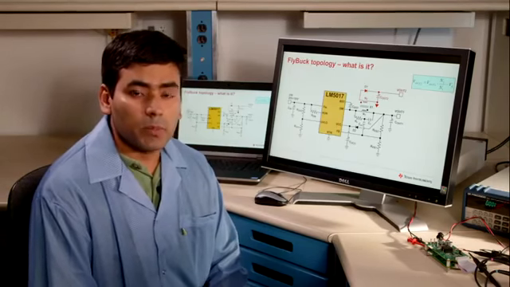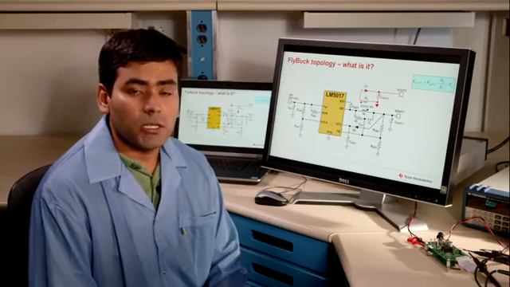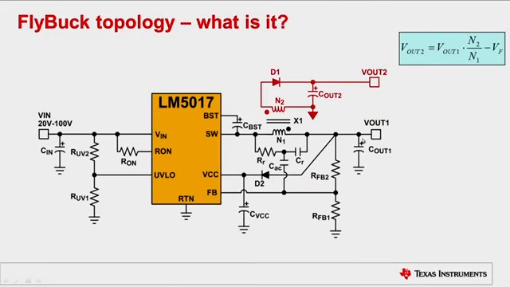I will start by explaining what a flybuck topology is, its operating principle, and its advantages compared to other competing topologies. The flybuck topology is essentially a synchronous buck converter where the primary inductor has been replaced with a coupled inductor.